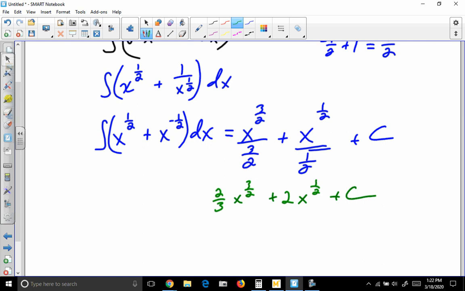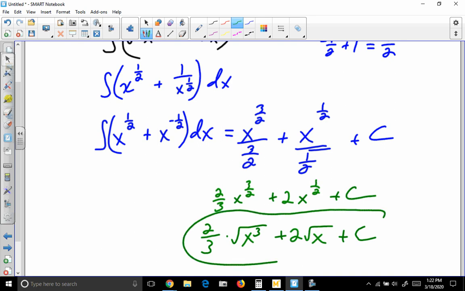If you want to, you could change back to radical notation, and we could call this 2/3 the square root of x cubed plus 2 square roots of x plus c. You could simplify this radical. Since we have 3 factors of x under a square root, we could pull one of those x's out, or pull 2 of them out as x and leave 1 x underneath. But that would be okay. So would that.